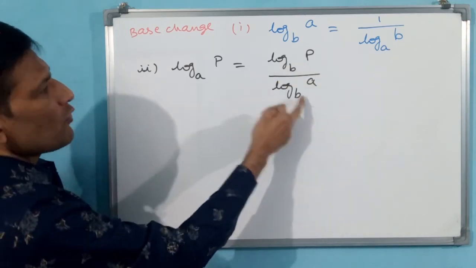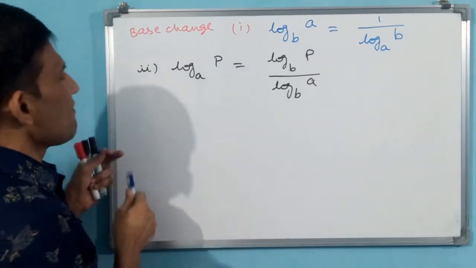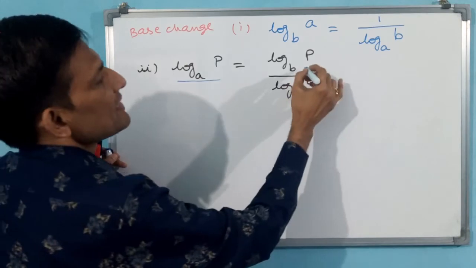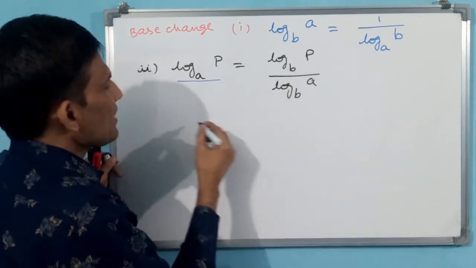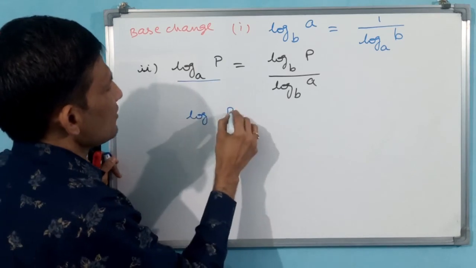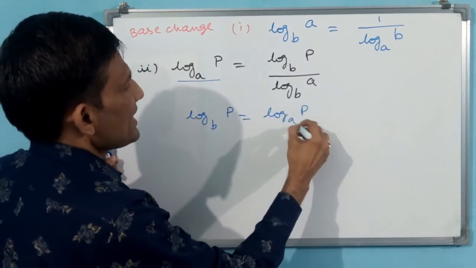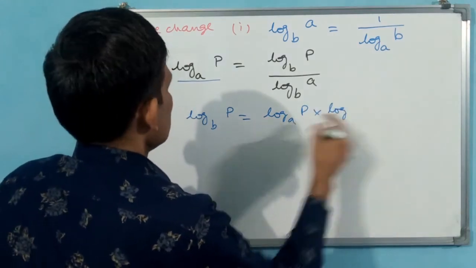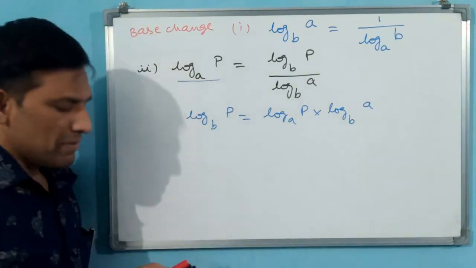That means what you are going to do? Actually you are having this, and you want this. Either you divide or you multiply. I will write like this only, but the old one you have to write. Again, multiplication: log A to the base B, you have to multiply.